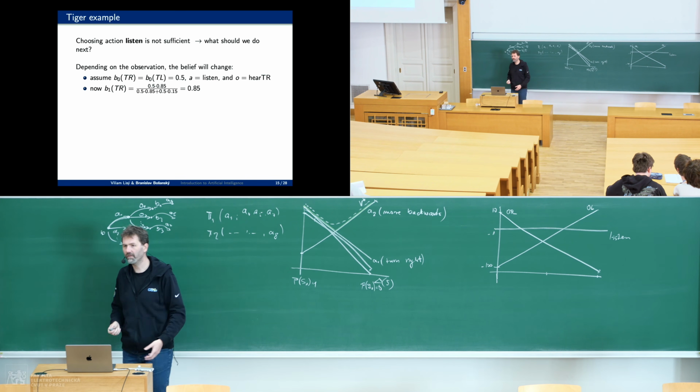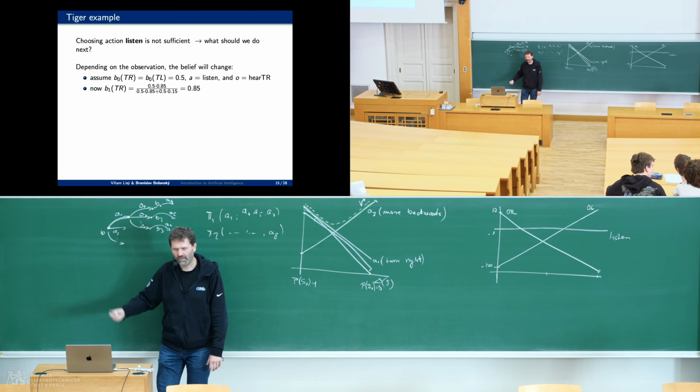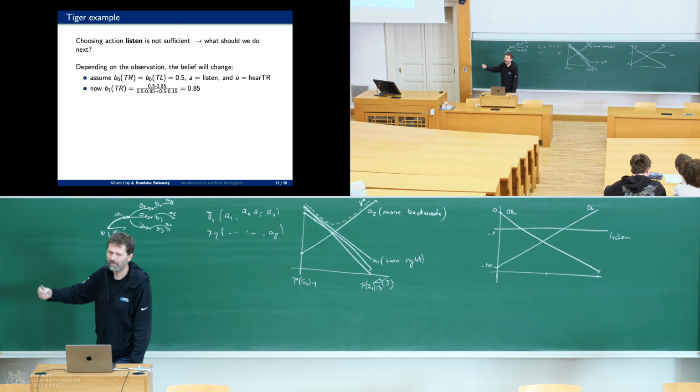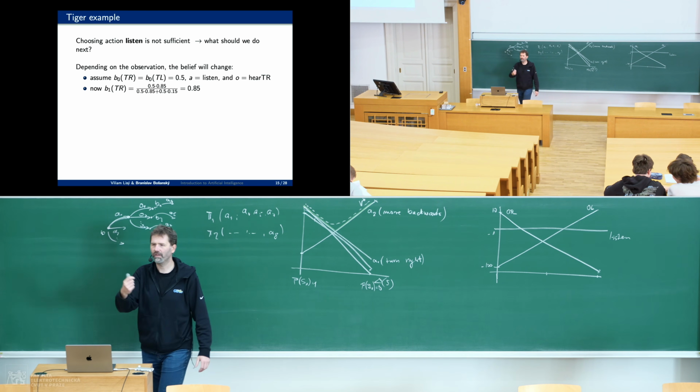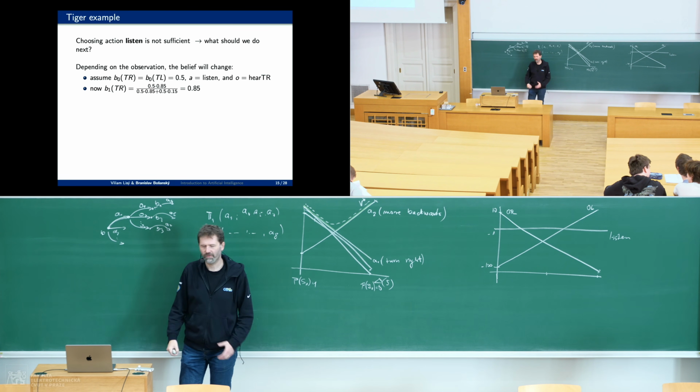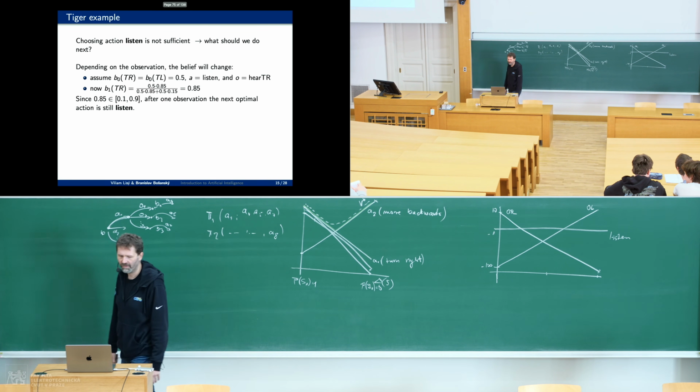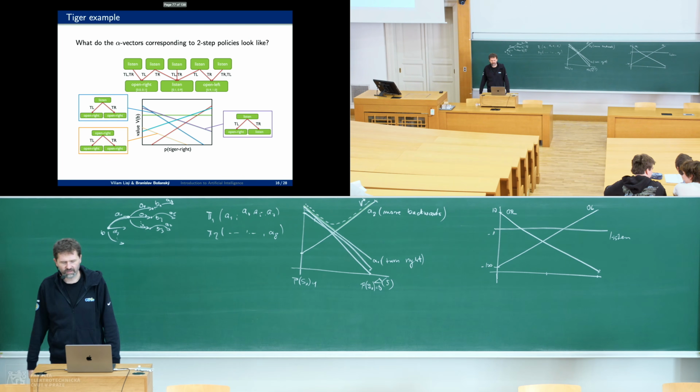It will never be 1, but we can approximate. And whenever we hear that the tiger is on the left side, with some 15% probability, our belief decreases. So this is the dynamic.